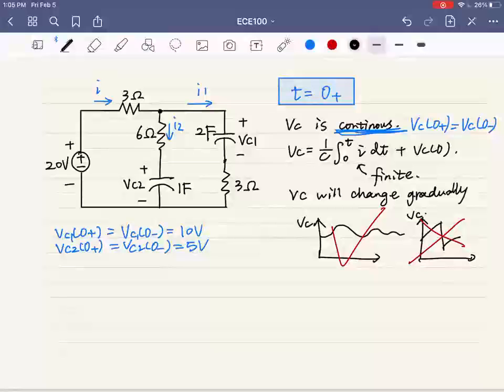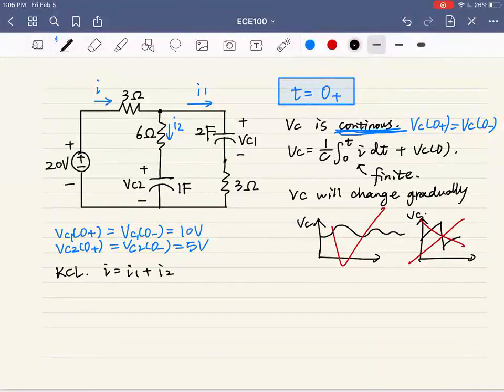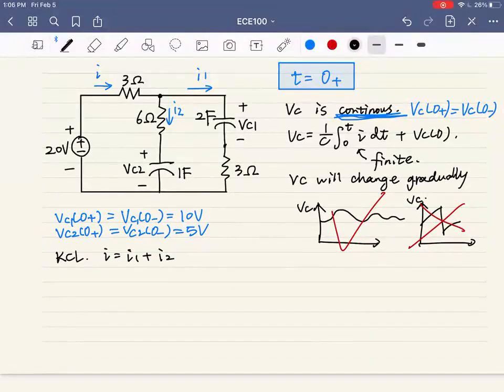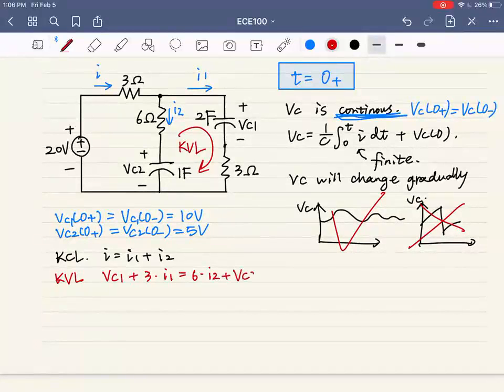And from KCL, we know that I equals I1 plus I2, right? And from the KVL within the loop, VC1 plus 3 ohm times I1 equals 6 ohm times I2 plus VC2, right? And we know that VC2 is 5 here, and VC1 is 10 here.